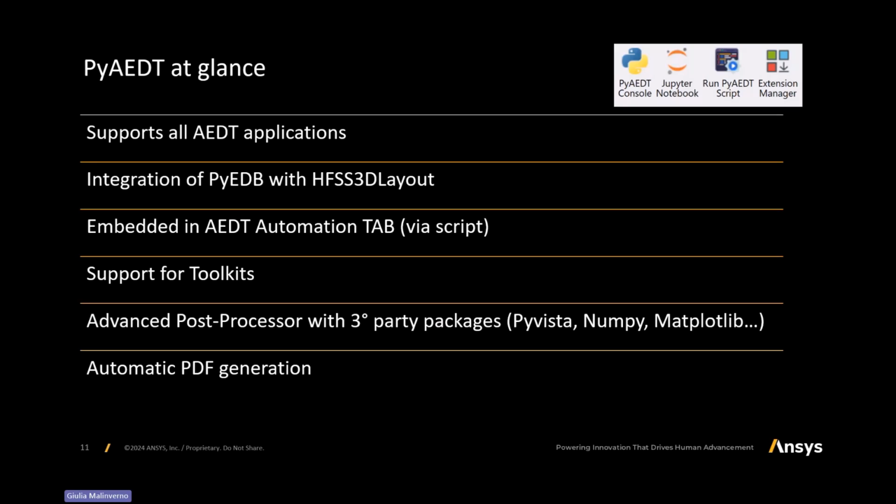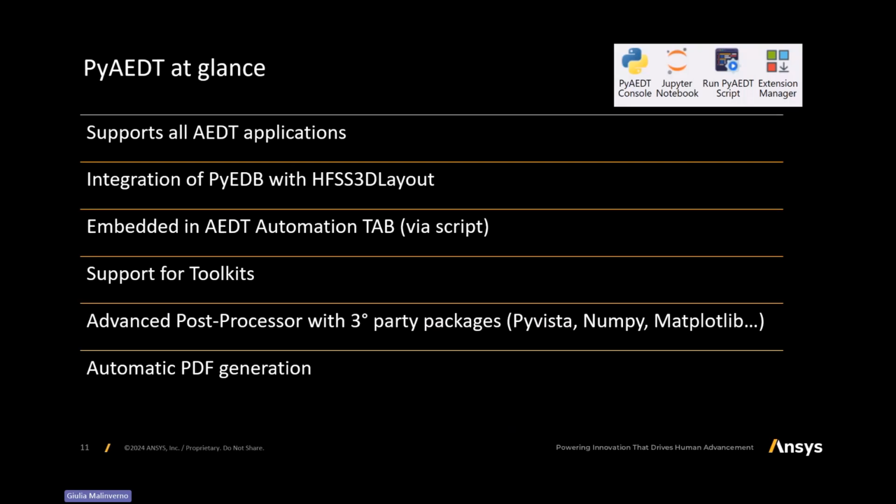Here I put a couple of slides about the repository just to give you an overview and some statistics. Again, it supports all AEDT applications, as I said, HFSS, Maxwell, Q2D, Q3D, and so on. Another very important thing is that it integrates PyEDB with HFSS 3D Layout.